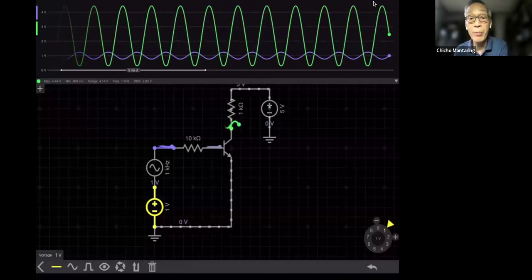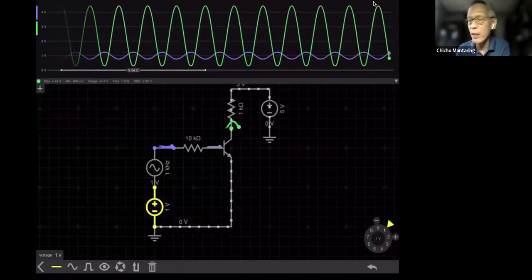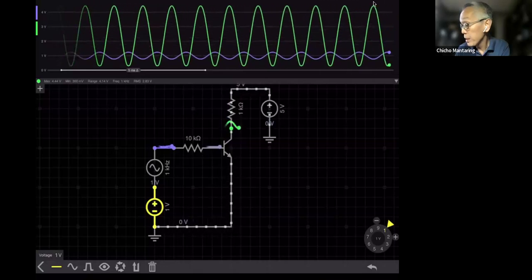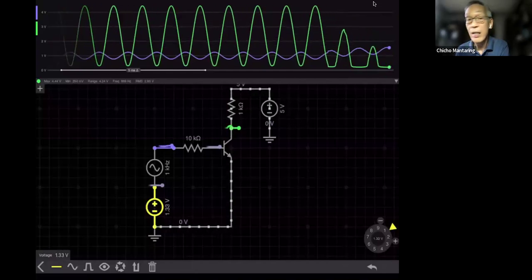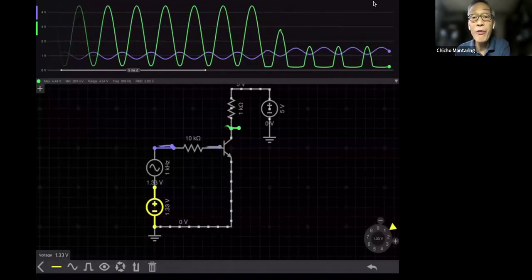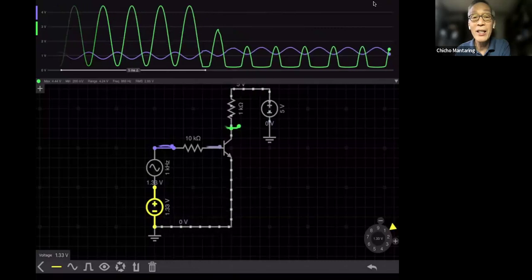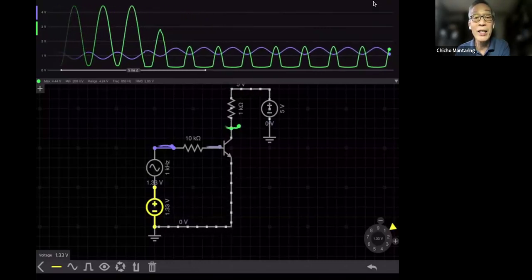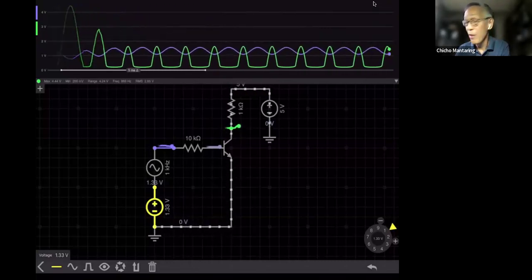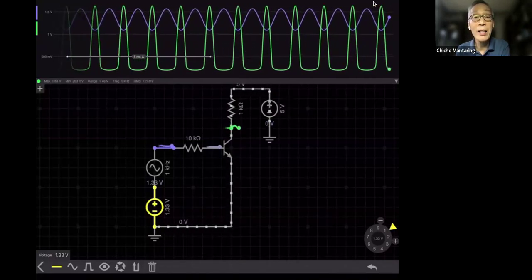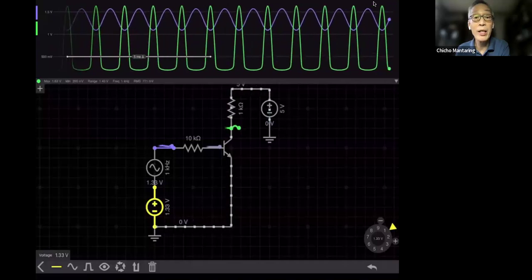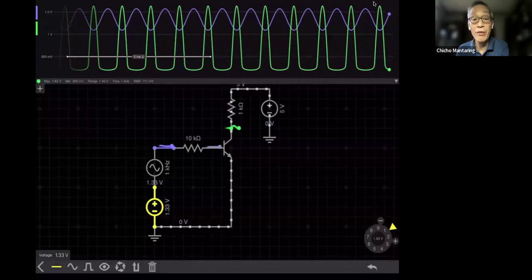It's not yet very noticeable, so let me just exaggerate it a bit. Now I made it 1.3 volts. Now you see that really the bottom portion is already gone. That's how my signal looks when my input is 1.3 volts.